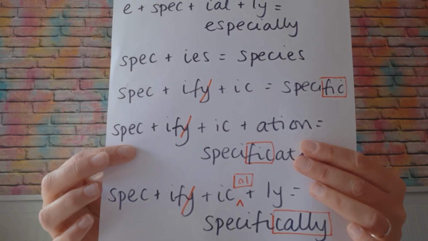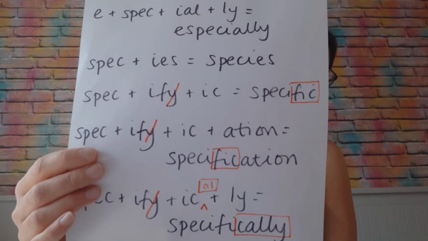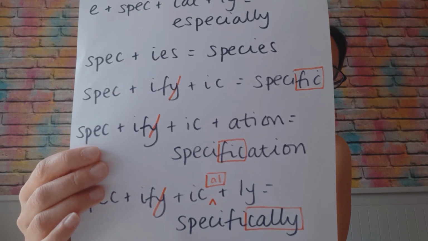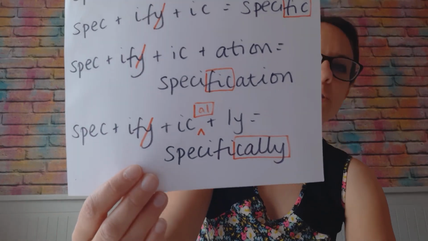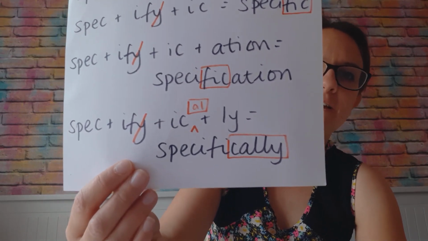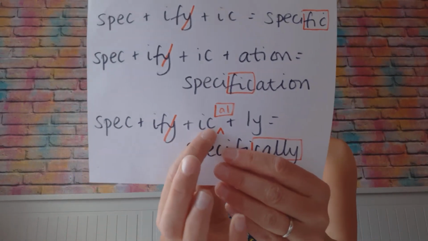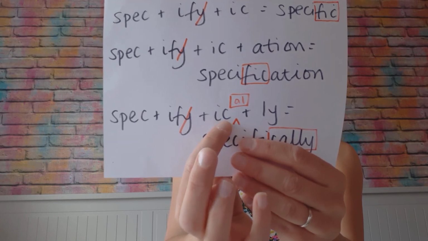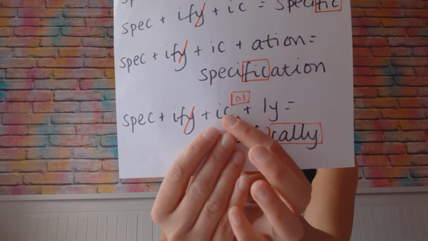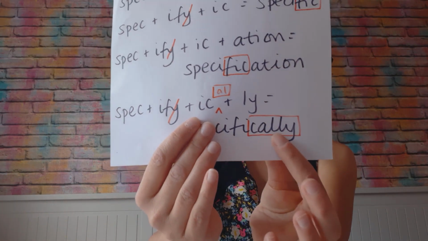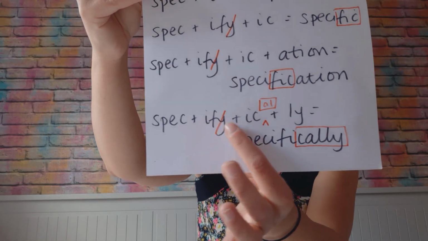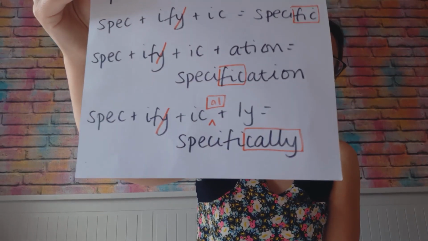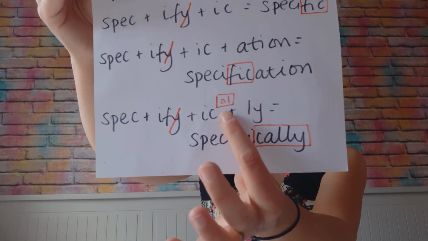And then we've got specification, remembering the shun there for the noun. And at the bottom there, this is the trickiest one, specifically. Because the suffix here ends with a C, you don't get C-L-Y, you get C-A-L-L-Y, cally. So that's one of our spelling rules: any words that end with a C, if you need to add the L-Y to make it an adverb, you need to put that ally in.